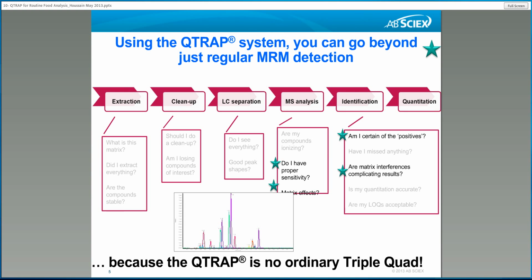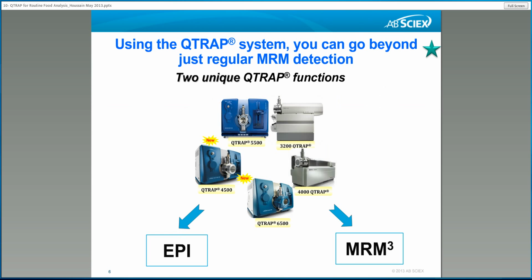The QTRAP system goes beyond basic MRM detection to help resolve many of these questions by producing results with much better sensitivity and selectivity and providing more data to help resolve matrix interferences from the compound of interest, and overall to provide better confidence to ensure that the reported results are the right ones and very close to the truth.